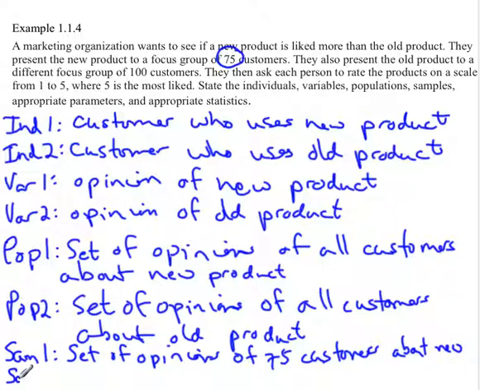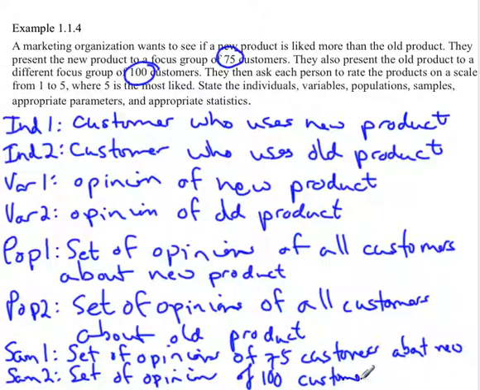And sample two would be the set of opinions of, looking up here, we noticed that group had 100. So 100 customers about the old.